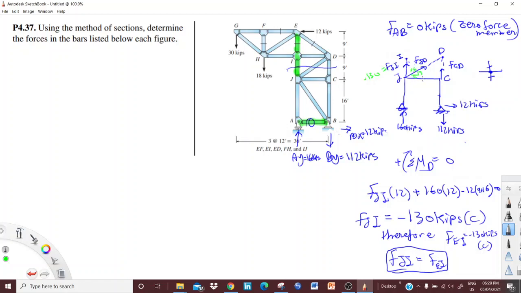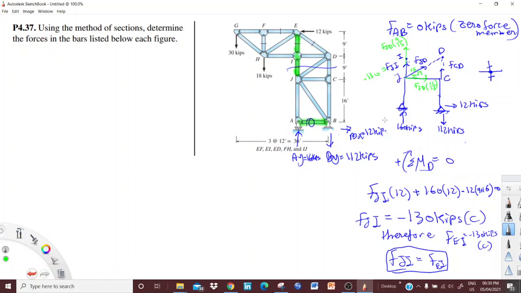Let's resolve it. It will be fine. Horizontally, FJD is equal to 12 over 15, and if you resolve it upward, FJD is equal to 9 over 15.